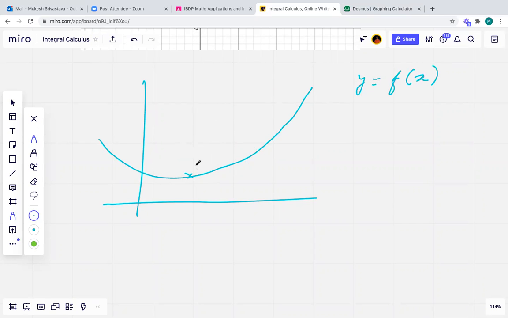Now I have a point A. This point will be A and f of A. This is A and this is f of A. Is that right? Correct. I have another point here.